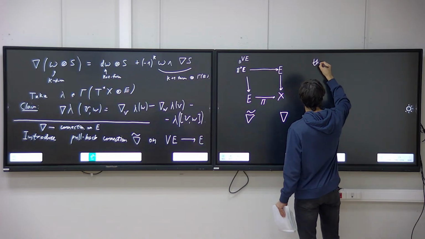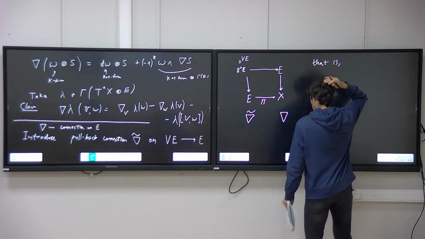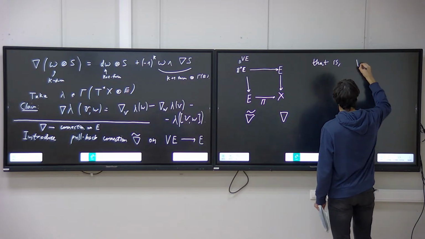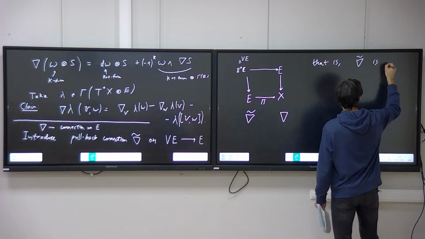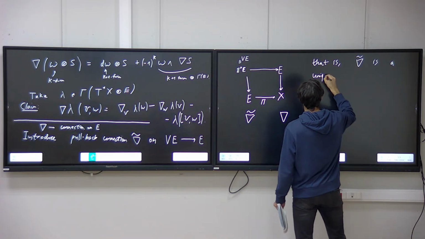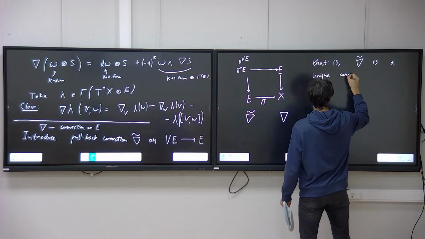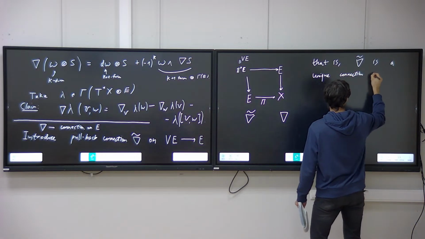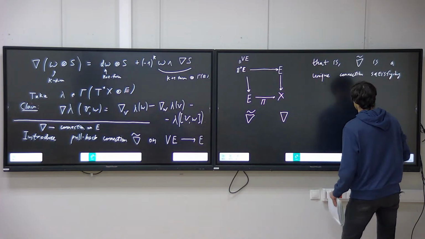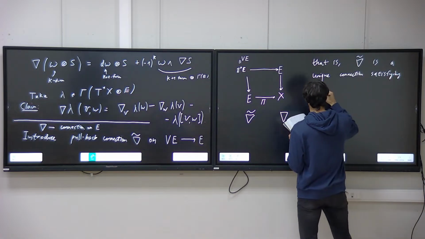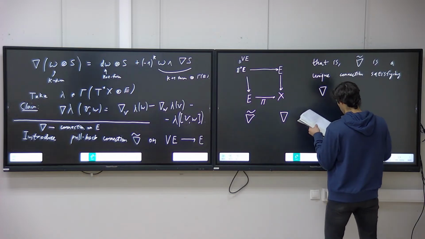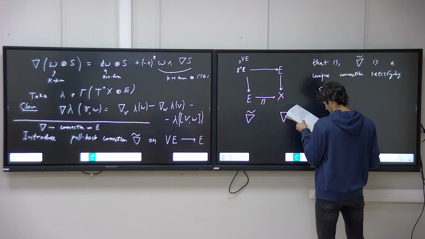So nabla tilde is the unique connection satisfying the following.